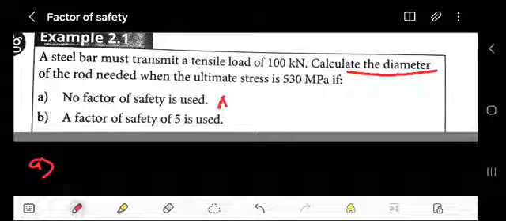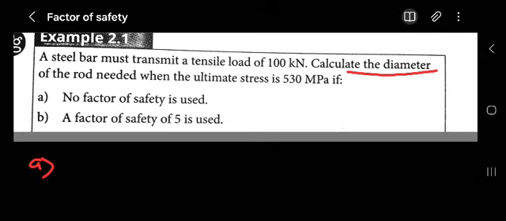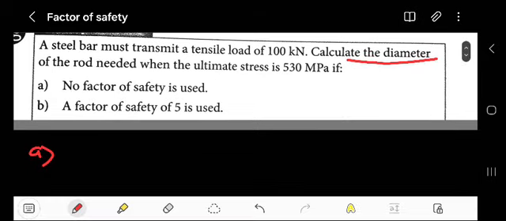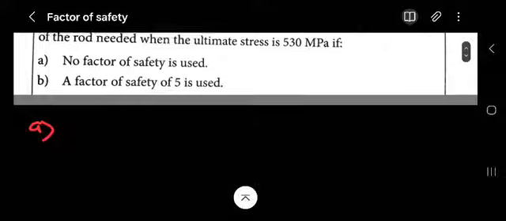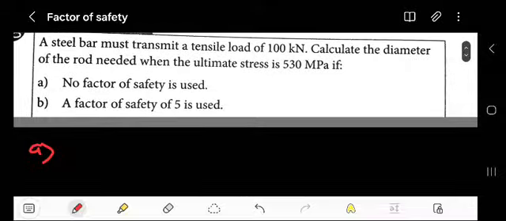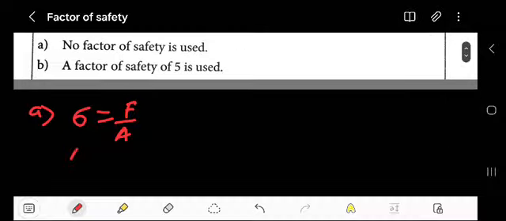We exclude the factor of safety, so we use the direct stress, which is force over area without the factor of safety. Then we can make A the subject. This will be force divided by stress.